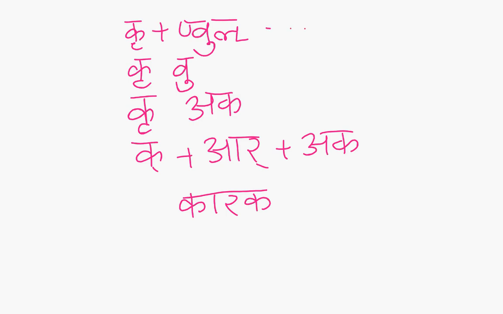Note that Na and La are removed, only U remains, and U changes to Aka because of the Yuvoranaka sutra, which says that in place of U and Vu, if there is a U, replace that with Ana, and if there is a Vu, replace that with Aka. Then coming to the dhatu side, we have Kru.